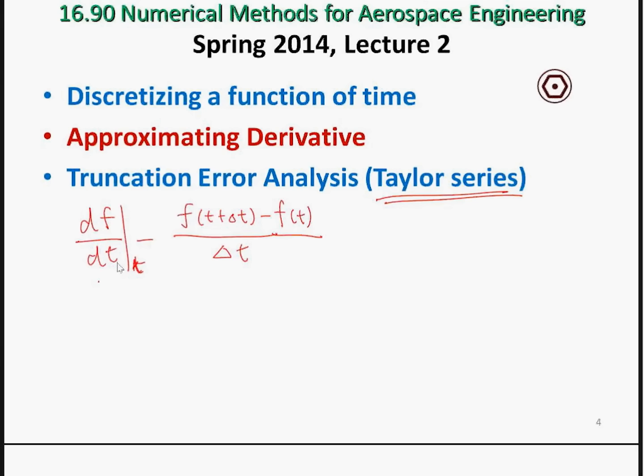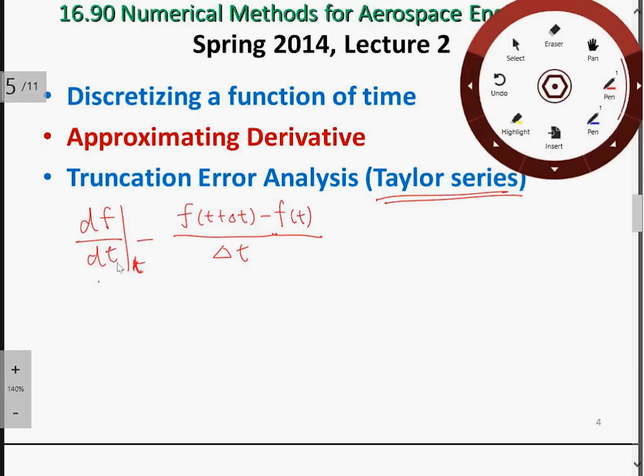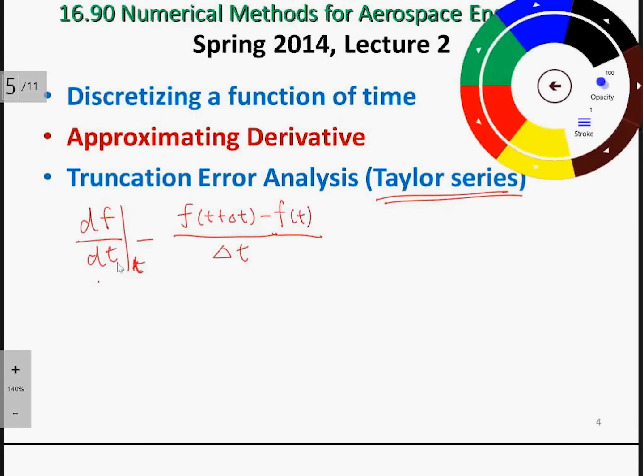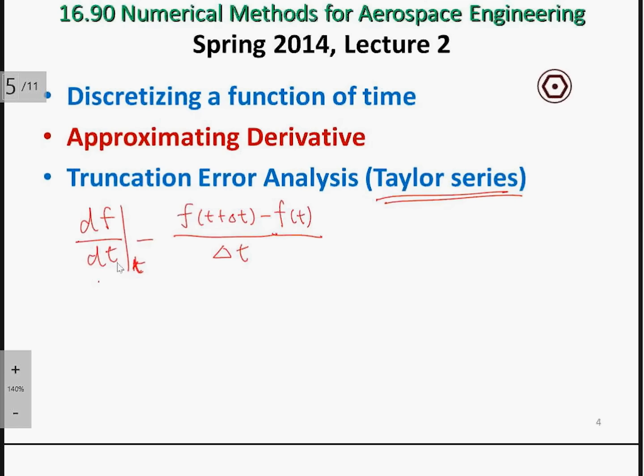The more inconvenient way is to expand both the derivative and the value at t using Taylor series based on this point. Let's do the convenient way first, and I'm going to show you we get something similar using the slightly more inconvenient way. Let me use green to denote the easy way.